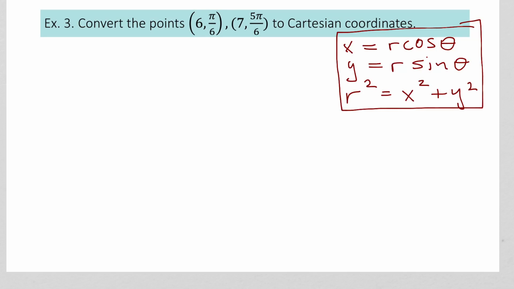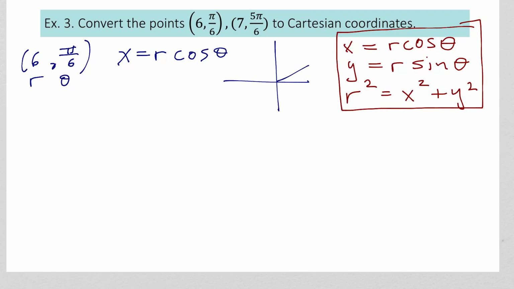So looking at the first one, if we have the point 6, pi over 6, r is 6, and theta is pi over 6. So if I want to calculate my x-coordinate, I would say x is equal to r cosine of theta. Right, so theta being pi over 6 is right here.